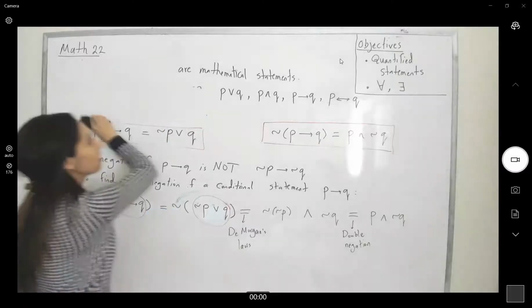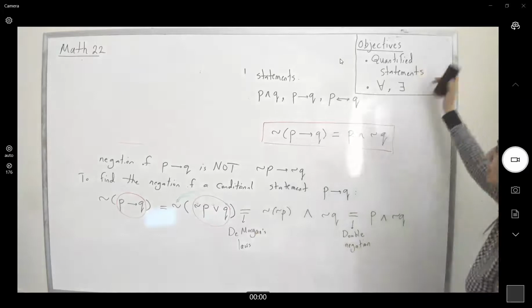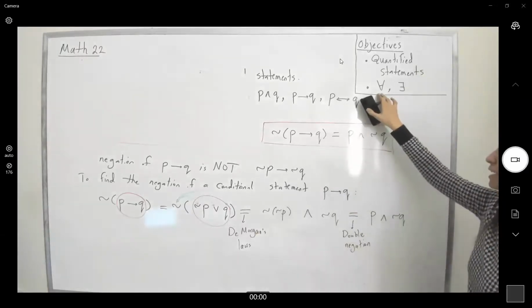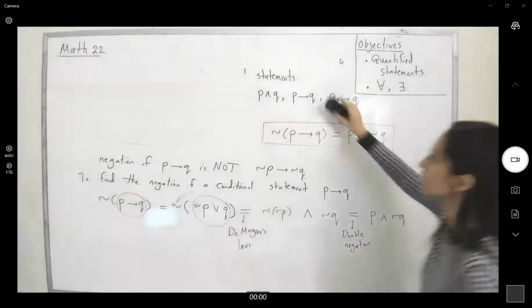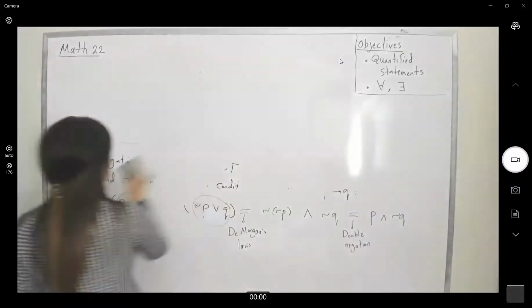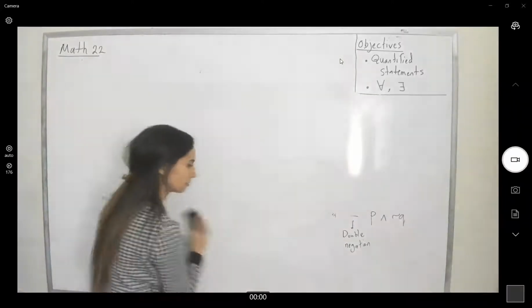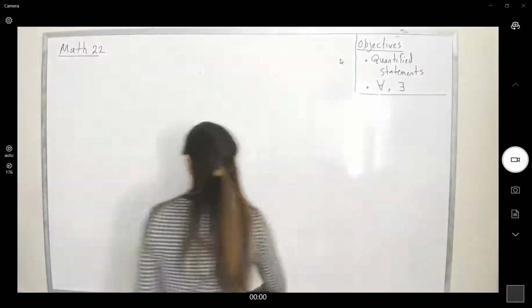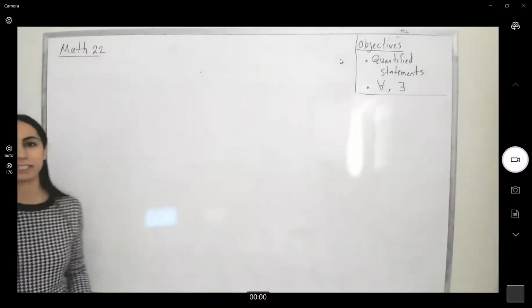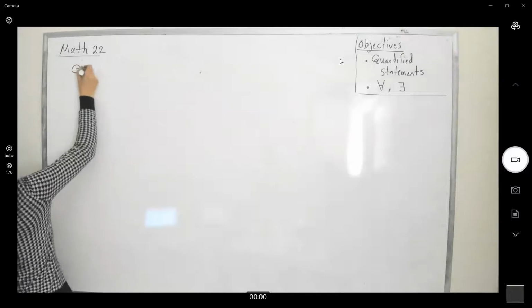In chapter 3, we're going to talk about quantified statements, existential and universal quantifiers. So let us begin with a general question.